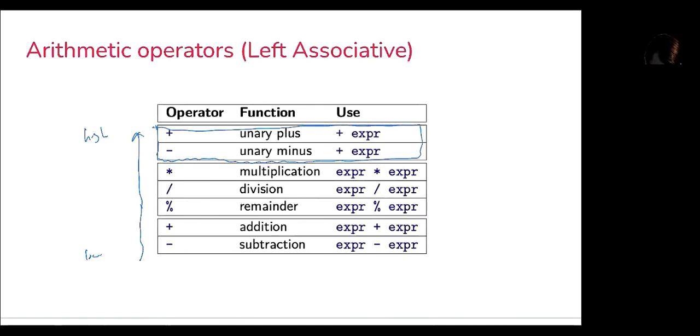We'll then look at our next grouping, multiplication, division, and modulo. These are below those unary operators, but those within this green box are all of the same precedence level. So associativity would determine which one is evaluated first. And then at the low end, we have addition and subtraction. In this case, those would be evaluated last, and again, addition and subtraction, because they're both in the purple box here, they're going to have the same precedence level.